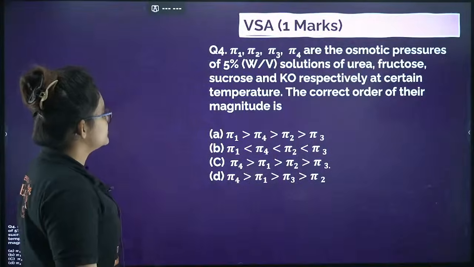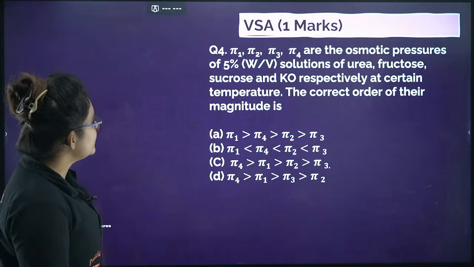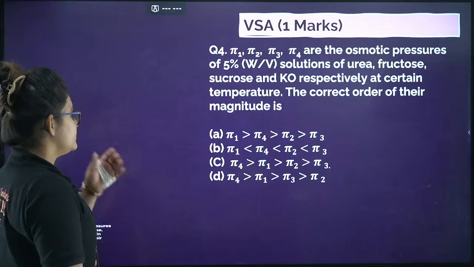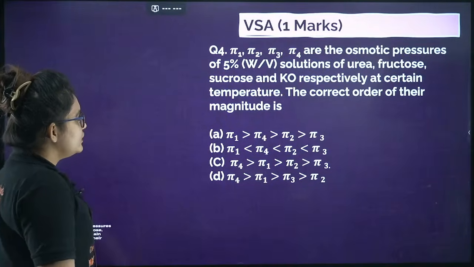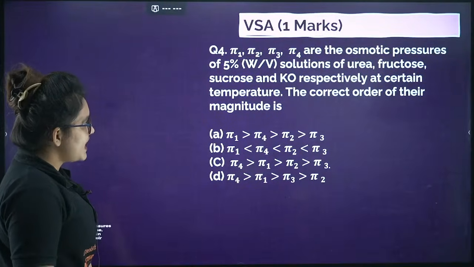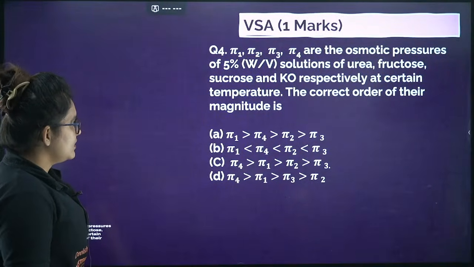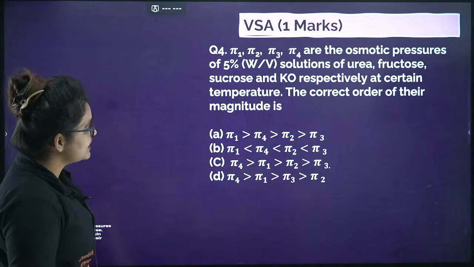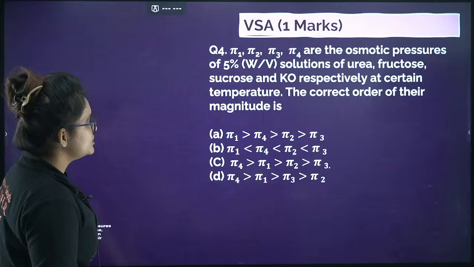Next question. Here you can see pi 1, pi 2, pi 3, pi 4 are the osmotic pressures of 5% weight by volume solutions of urea, fructose, sucrose and KCl respectively at a certain temperature. What is the correct order of their magnitude?